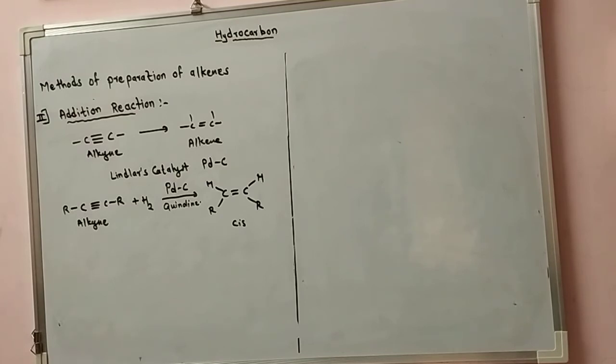A trans alkene is obtained from an alkyne on reduction with sodium in liquid ammonia.